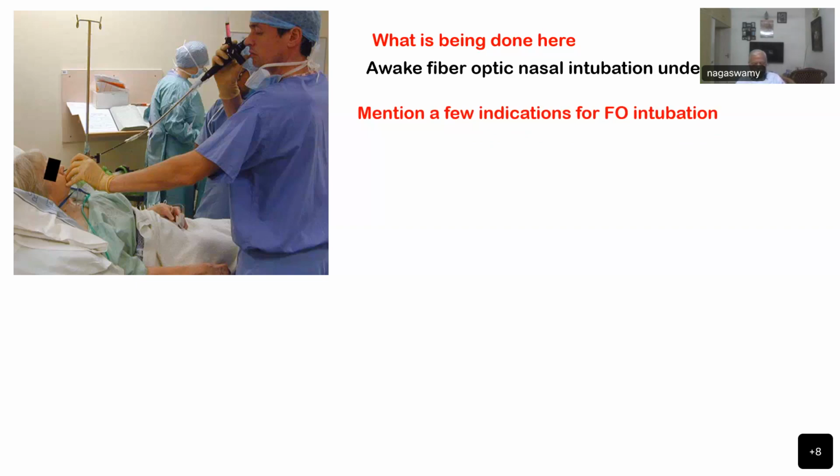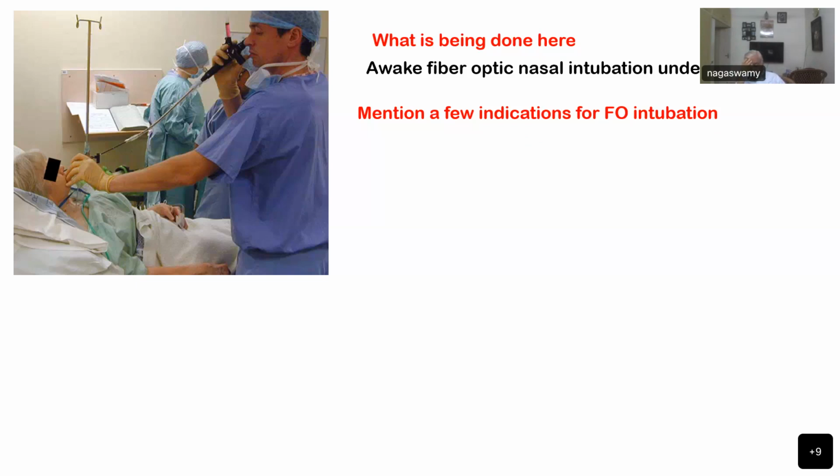There are some clinical conditions. You have to mention the names of a few clinical conditions which require fiber optic. Trismus, sir. Trismus, like temporomandibular joint ankylosis, mouth opening restricted. Okay. Then can you do it in burns contracture neck with fixed flexion where you cannot position the head? Is it not a very common indication?